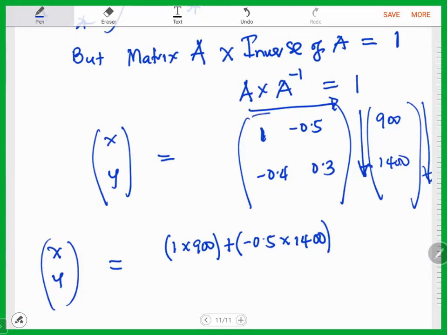And again, row by column: negative 0.4 times 900 plus 0.3 times 1,400.